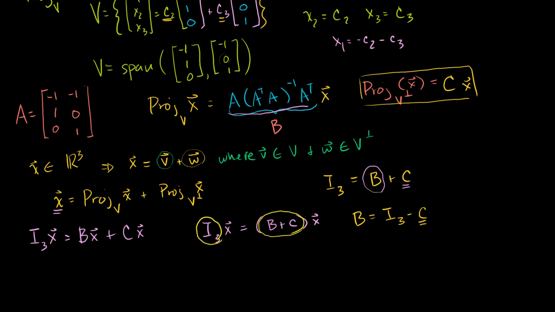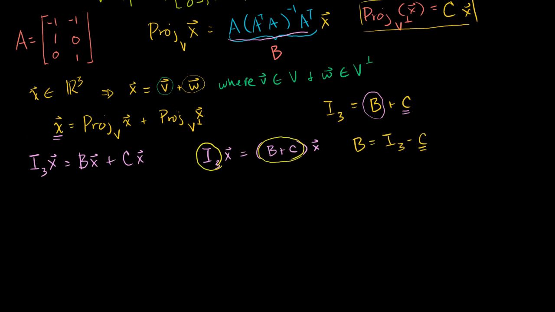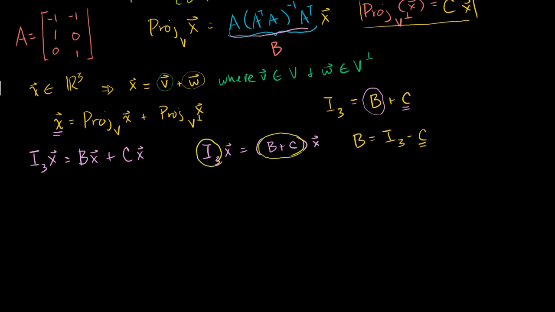So let's go back to our original. Let me rewrite the problem actually. Remember that V is equal to all of the x1s, x2s, x3s that satisfy x1 plus x2 plus x3 is equal to 0.